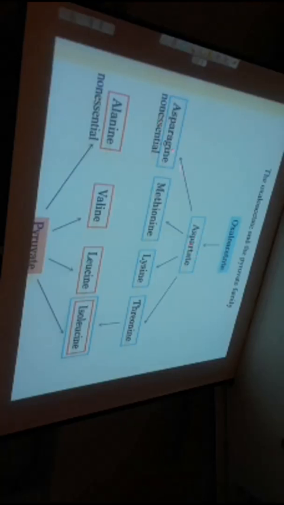Then aspartate, if it takes up an amino group in the side chain, is converted into asparagine. All the other molecules that are produced ultimately from oxaloacetate are essential amino acids. We don't synthesize them. Similarly, the only non-essential amino acid that is produced from pyruvate is alanine, and we know that it can be produced in a transamination reaction, so we don't have to really talk about this anymore.